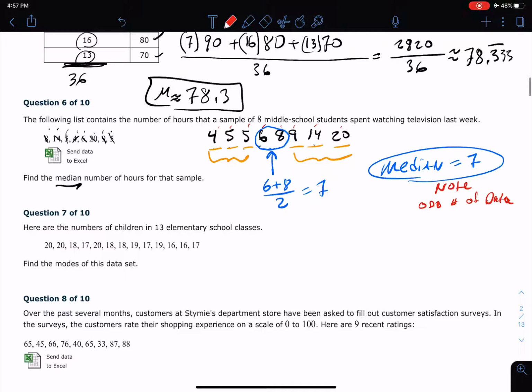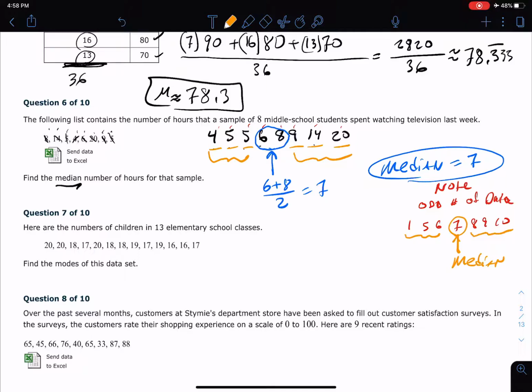Like what if we had 1, 5, 6, 7, 8, 9, 10. When you're trying to find your median, notice we have 3 digits on the left, 3 digits on the right, and there's physically 1 number in the middle. That would be your median. You don't have to find the average if there's 1 physical number in the middle, but if there are 2 physical numbers in the middle, now you've got to find the average or the mean of those 2 numbers.